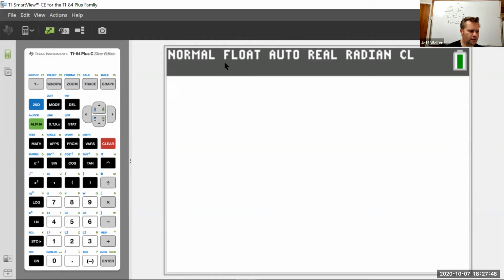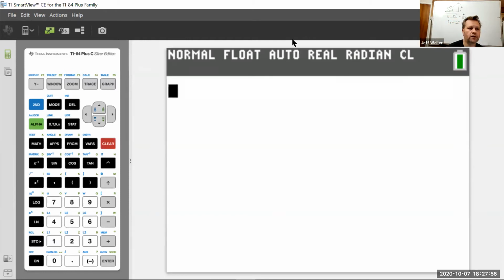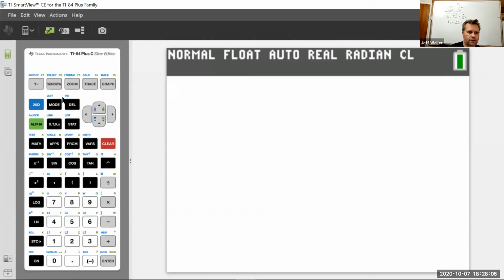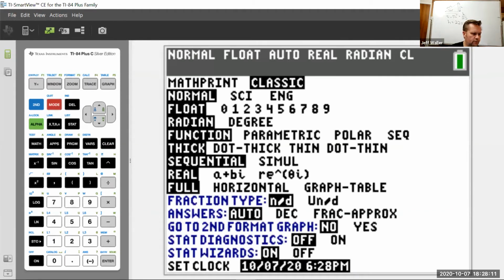Yeah, but look here, right here: normal, float, auto, real, radians. And of course, this problem is currently using degrees. So if you're in the wrong mode, if you stay in radian mode and I put this in my calculator, it's going to think that 56 is radians. So you're right, whoever said that, I'm sorry. Mode is how you control that. So right there, it's either radians or degrees.